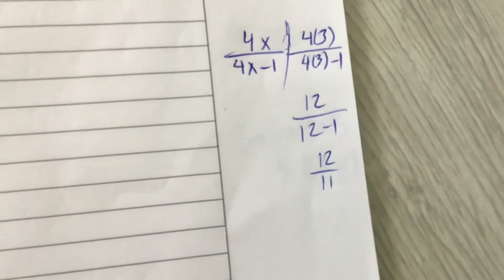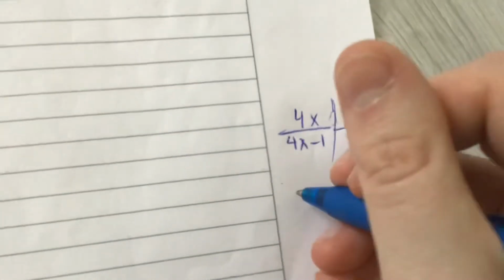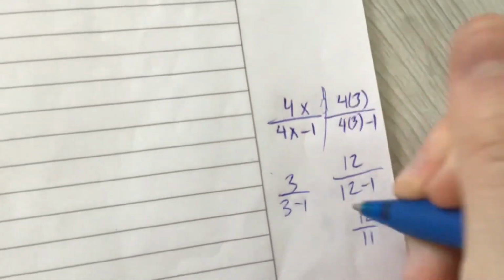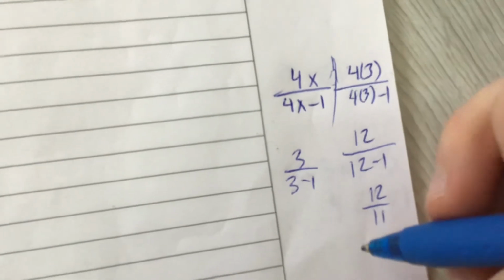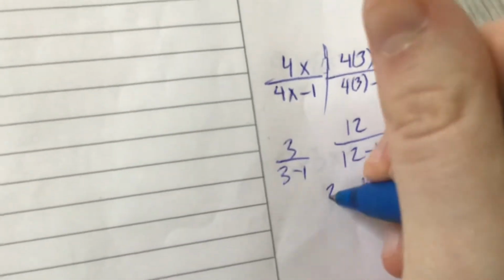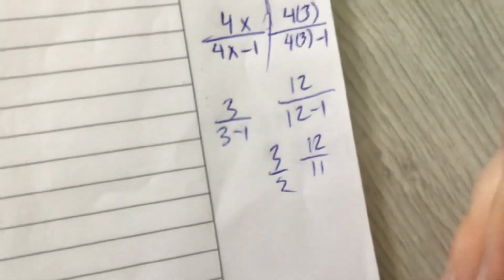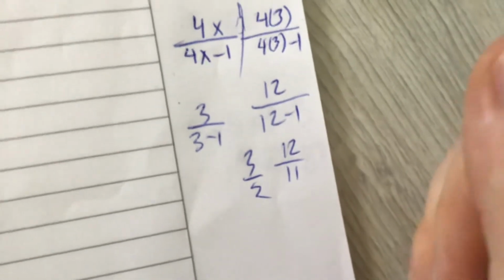That cannot be simplified. Okay, well, what happens if I put 3 over 3 minus 1? You get 3 over 2. No, these are not the same. Okay, never mind. You can't simplify by canceling out the 4s. Dang it. Oh well. Life. That's how it goes.